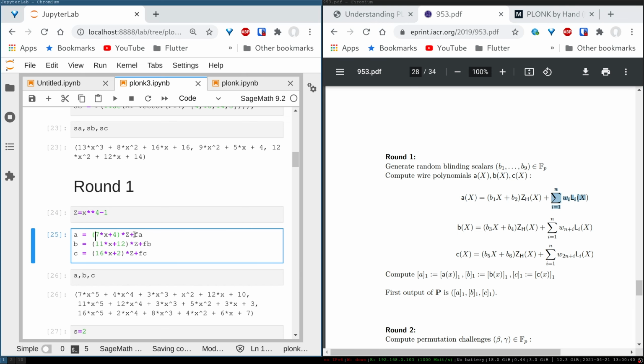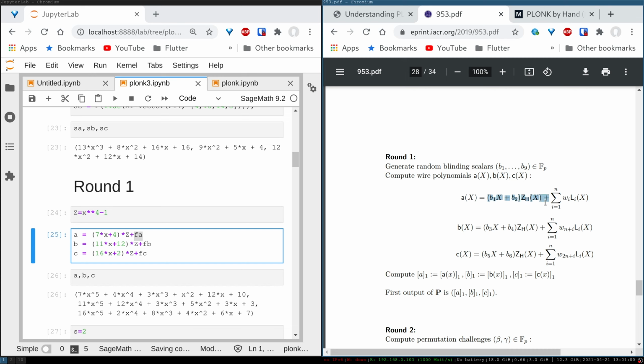So this is the FA where we calculate, and we add this blending factor, which vanishes at our evaluation points. ZH is by definition going to be 0 for every value that we are going to use.